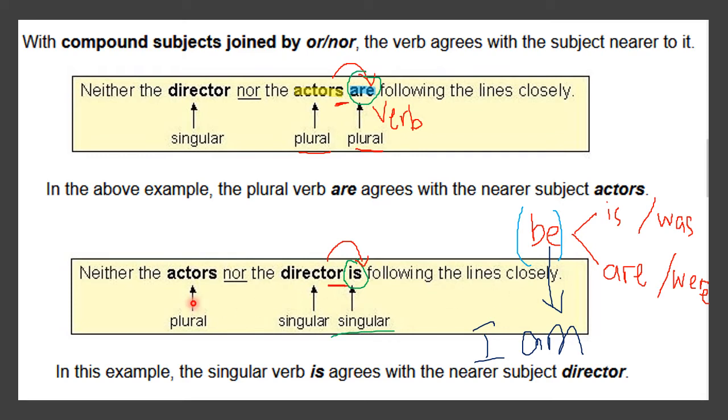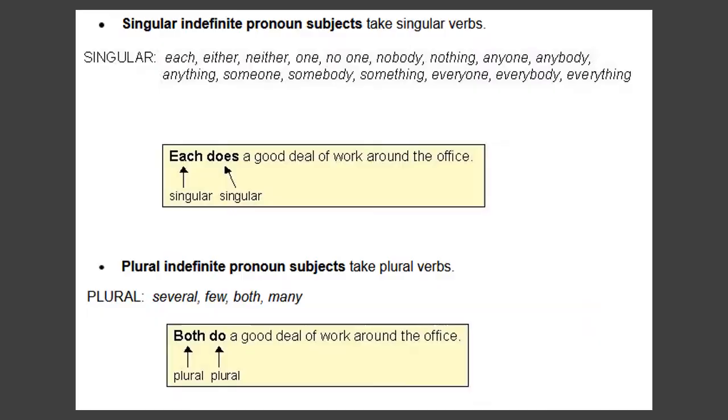The meaning is nobody, not even actors, not even directors, is following the lines closely. So the singular verb "is" agrees with the nearer subject, "director." I hope this one is clear for you.